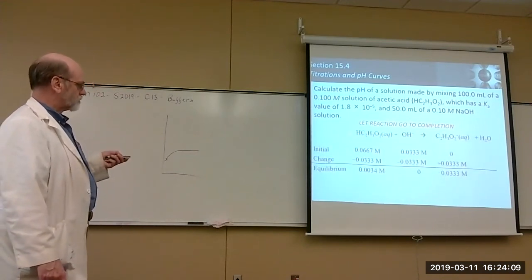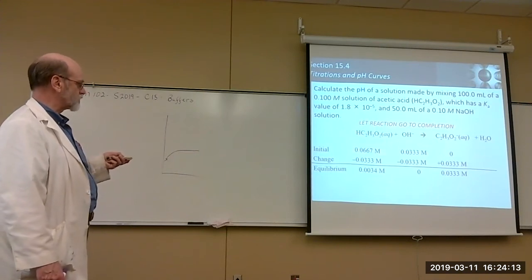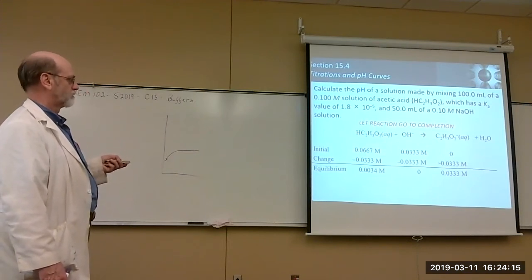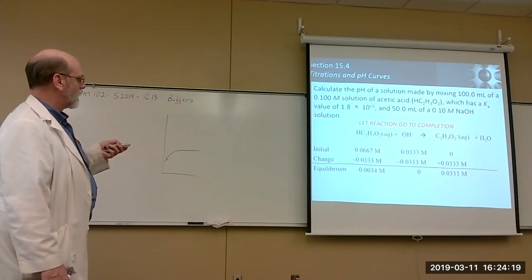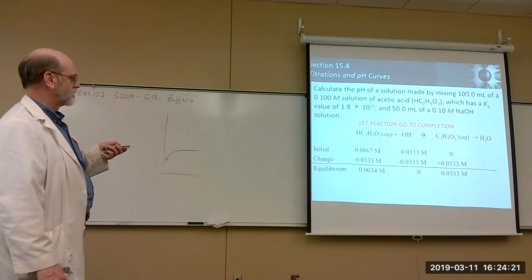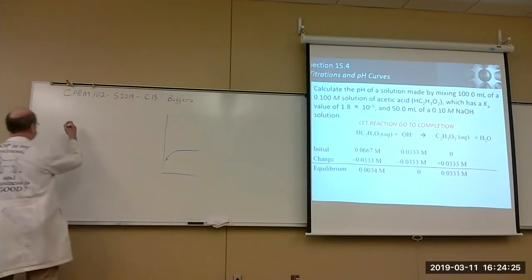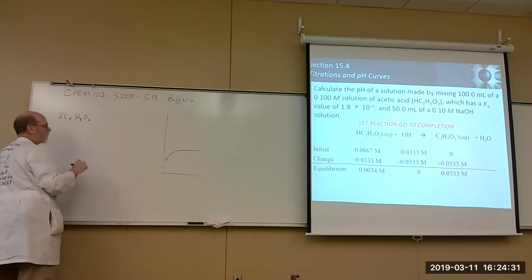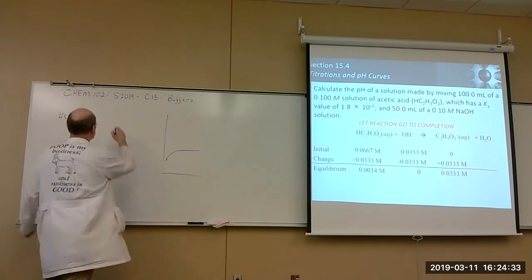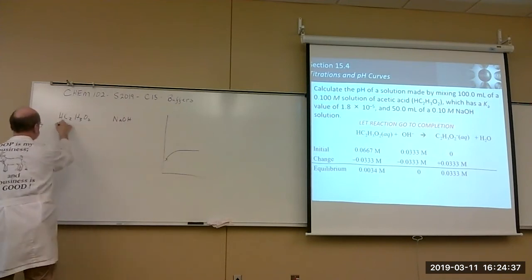So there's our addition of base. We're starting off with this concentration. Now, why that number? Well, how many moles of acid do you have? 0.1 times 0.1 is, okay, let's do it this way. C2H3O2 and base, right?